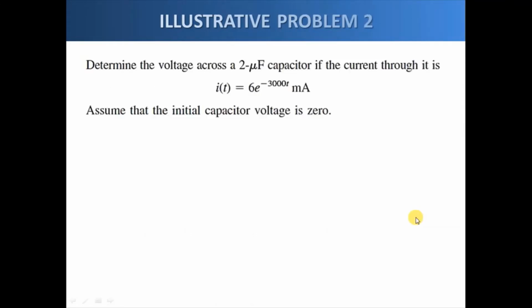Now in the second example, let's say we have a 2 microfarad capacitor and current is flowing towards this capacitor. And let's assume that the capacitor has no initial voltage.